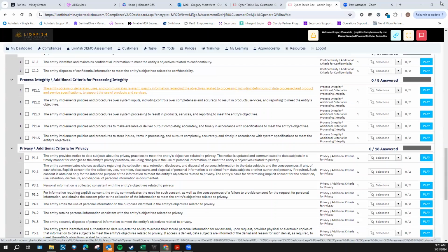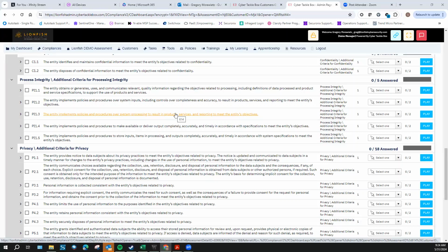The entity obtains or generates, uses, and communicates relevant quality information regarding the objectives related to processing, including definitions of data processed and product and service specifications to support the use of products and services. What this means is that you need to have a rating system for your data.